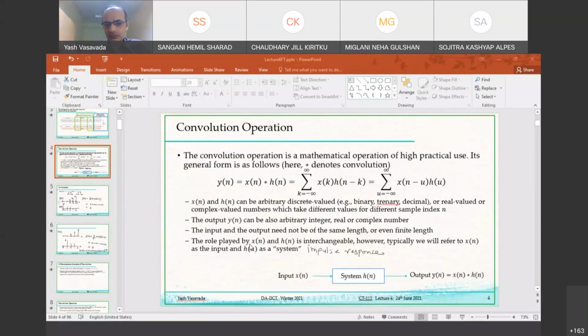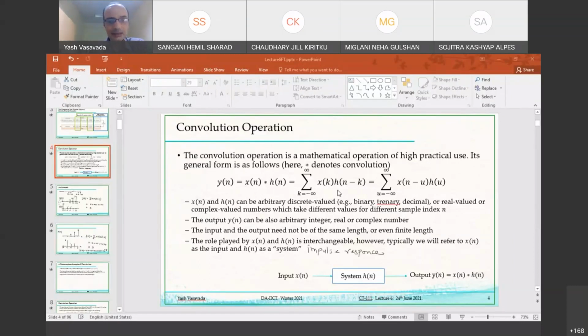Now, x and h you can interchange, like what this equation says. You can make x to be h and h to be x, and you get the same output. So this equation is that way kind of symmetric. It doesn't care what comes first or what comes second. Unlike division, 5 divided by 2 is different from 2 divided by 5.